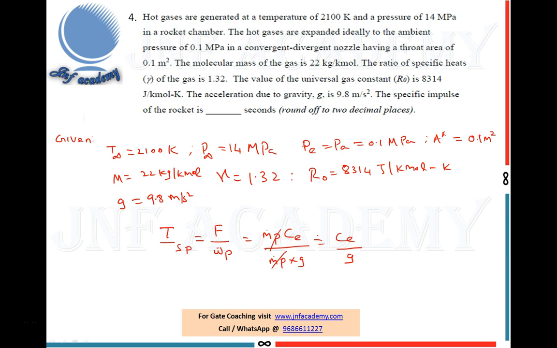So now we have to find what this CE is, right? If we are able to find CE, then we can easily solve for the ISP. Let's see how to find this CE. Okay, so let's move on to the next slide.